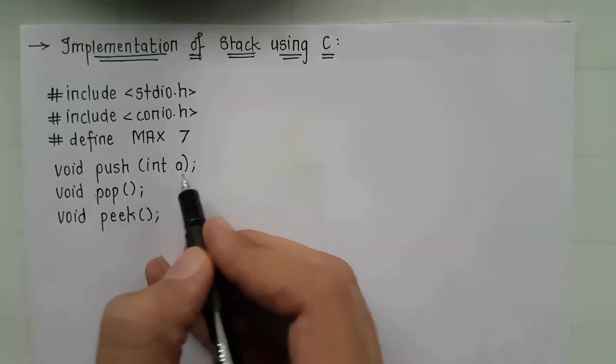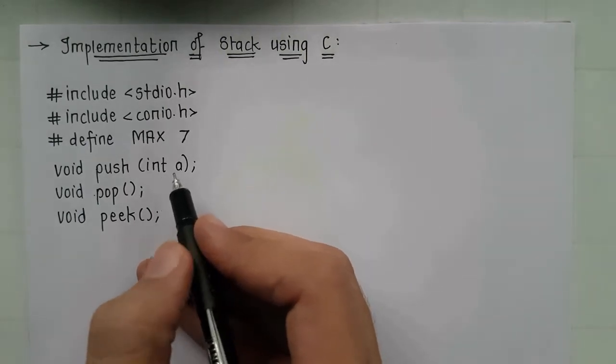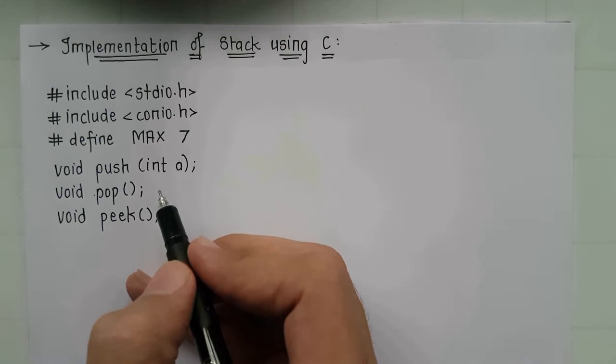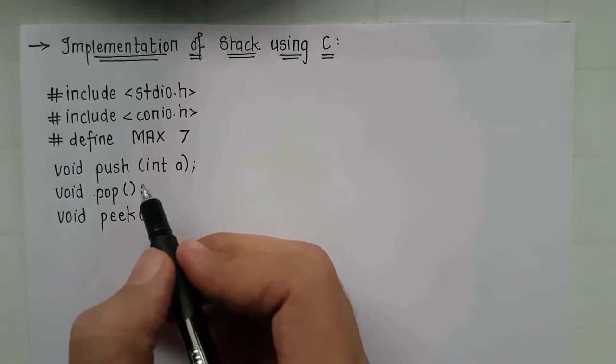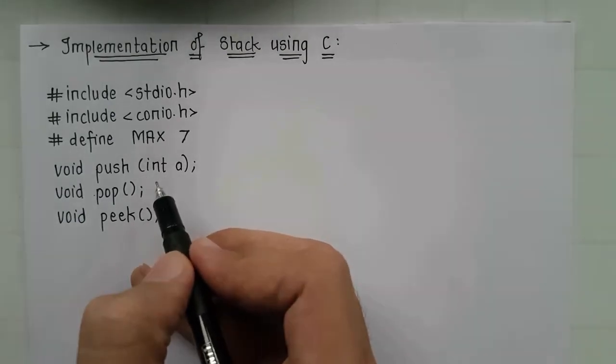In void push, int a is the argument. We are going to pass the value or the data which is to be inserted from our main function. So it needs to be inserted in the push function, and this is the argument to be used.